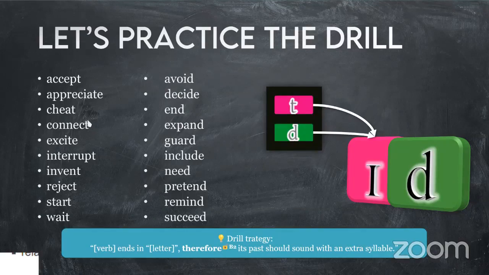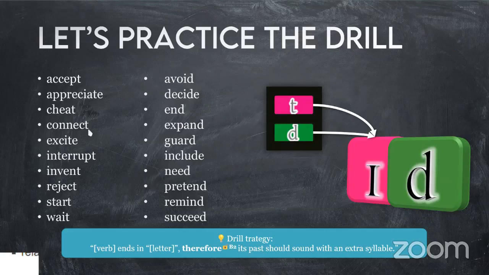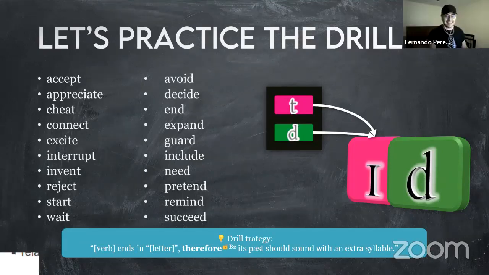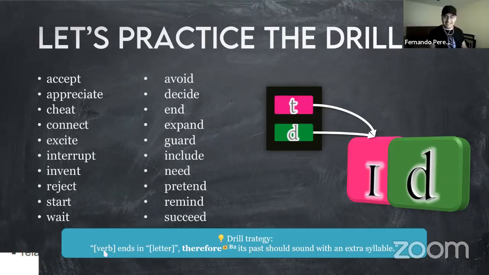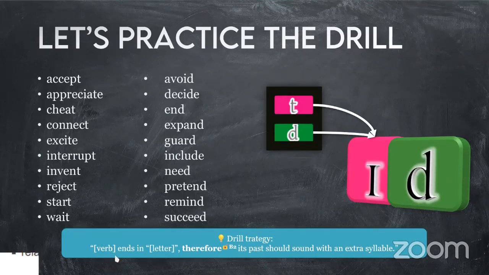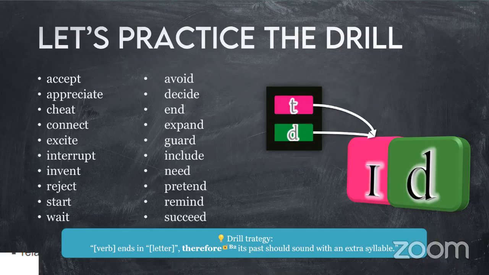An alphabet letter. T. Exactly. Connect ends in T. Therefore, its past should sound with an extra syllable. Connected. Very good.